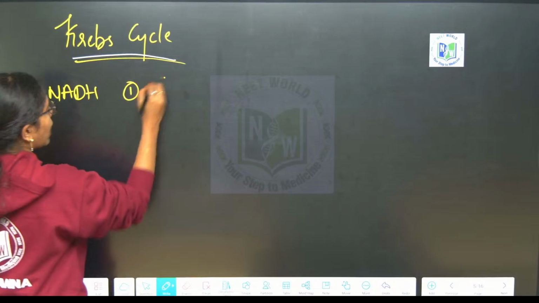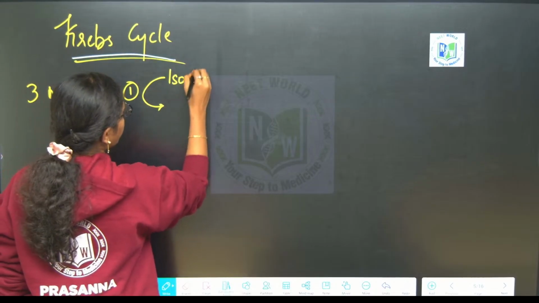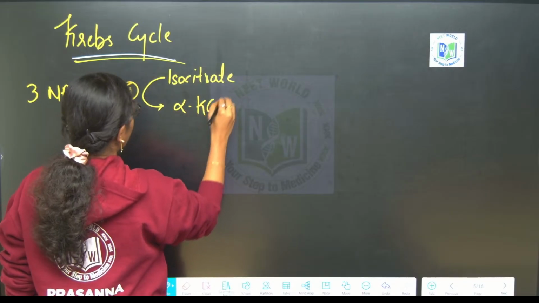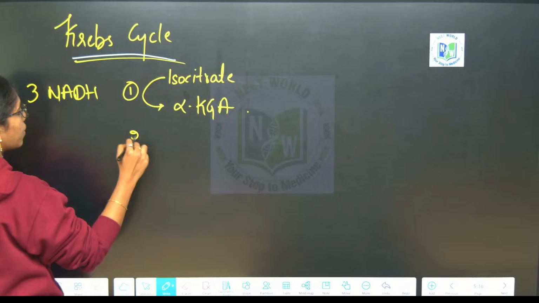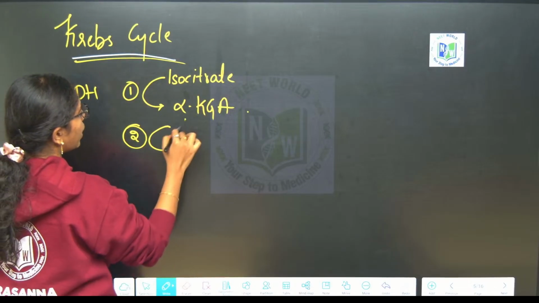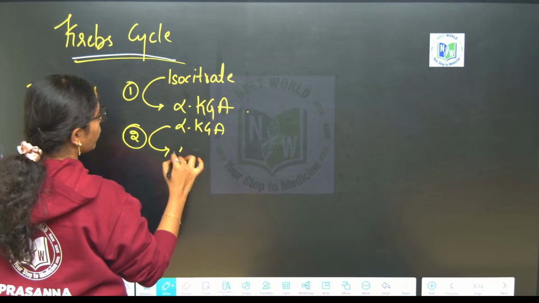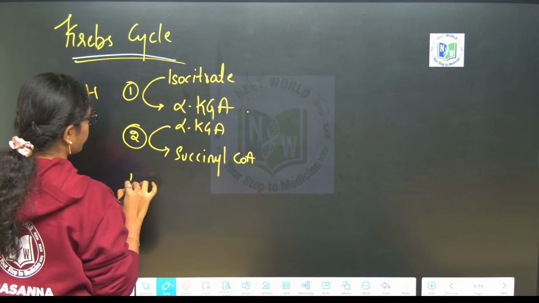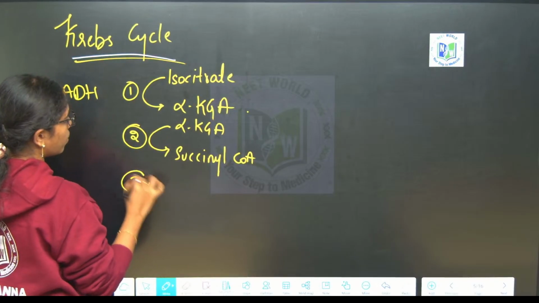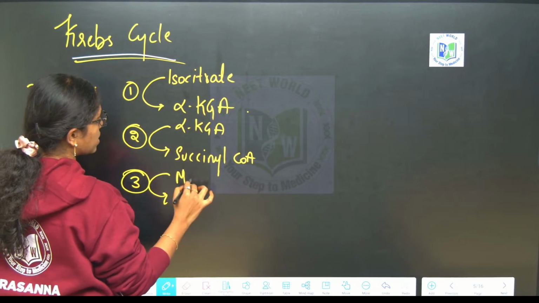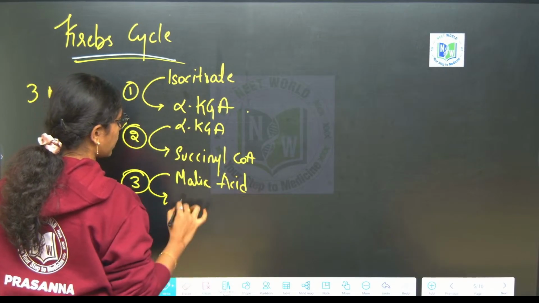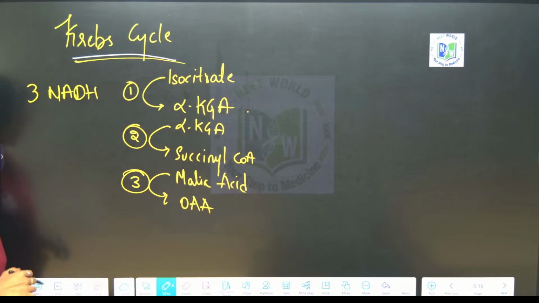First is isocitrate to alpha ketoglutarate, and second site is alpha ketoglutarate to succinyl CoA, and last is malate to oxaloacetate, or malic acid to oxaloacetic acid, right? At one point FADH2 is released, where?